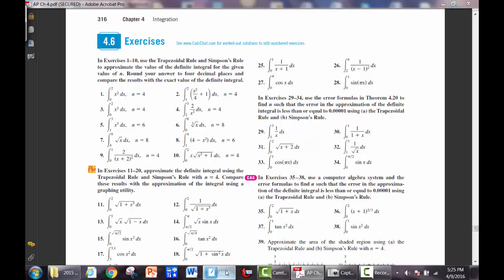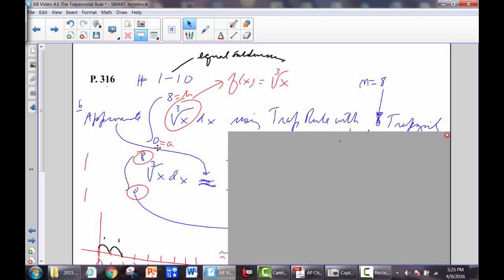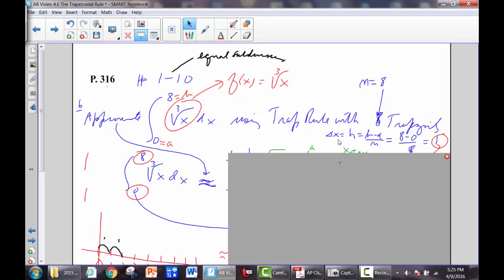Okay? All right. So if you look at number 6, approximate the integral from 0 to 8 of the cube root of x dx. And of course, that is above the x-axis the whole time between 0 and 8. Using the trapezoidal rule, and this was with n equals 8, which is 8 trapezoids. So our delta x, which is our height, is our b minus a over n, which is 8 minus 0 over 8, which is 1.